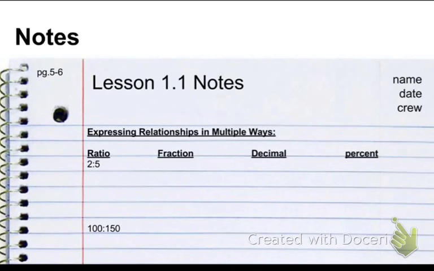All right. So here we have a couple of different ways that we can express these relationships in multiple ways. So for instance, I've got a ratio here of 2 to 5. How do I express that as a fraction? Well, I express that as a fraction as putting it as 2 over 5, or any other fraction that would be equivalent.